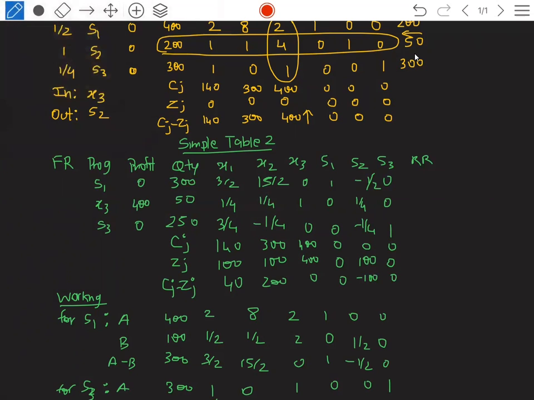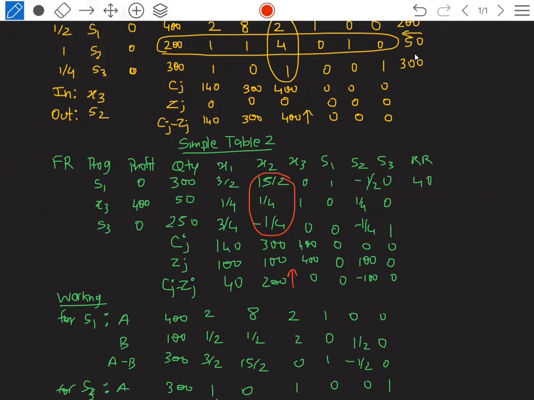And we know here that we are going to select this one, 200, because it's the highest one. So 200 is selected, and this is marked as key column. Then we are going to calculate the replacement ratio, which is quantity divided by x2. 300 divided by 15 by 2 is 40.